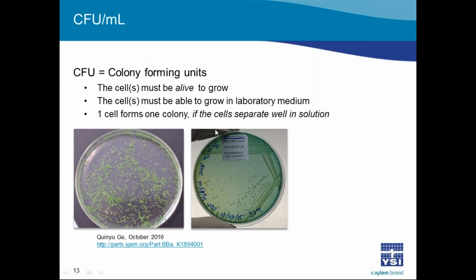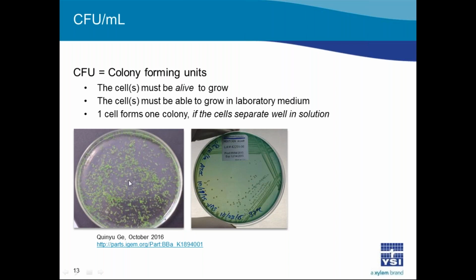So if we look on the right here, this is an organism called Shigella that a friend of mine was working with a couple of years ago. And you can see that on a laboratory medium, Shigella forms really gorgeous, discrete colonies that are very, very easy to count. If you look on the left, this is a cyanobacterium that many of you will have heard of called Microcystis aeruginosa.